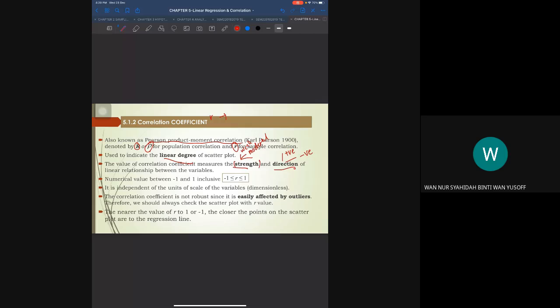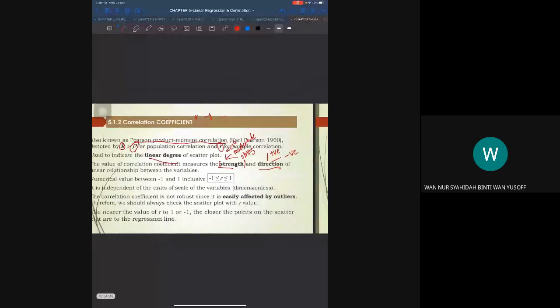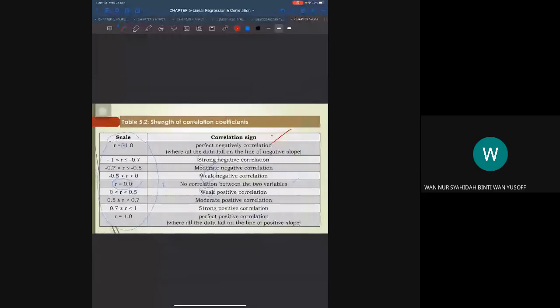Whether the r value that we calculate is weak, moderate or strong is based on this table. The r is between -1 and 1. Regardless of the sign, if r equals 1, it is perfectly correlated. If r is from 0.7 to 1, it is strongly correlated.